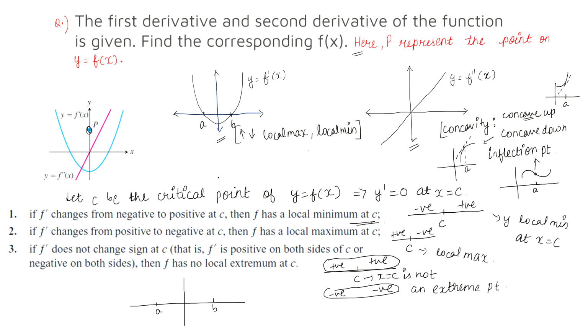Fine. So we can say that they are the possible critical points. x equals A and x equals B can be the critical points.